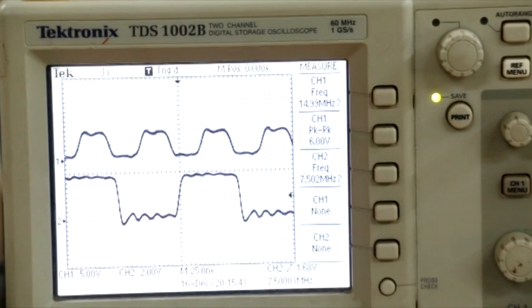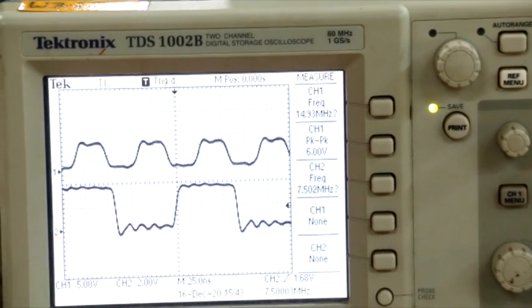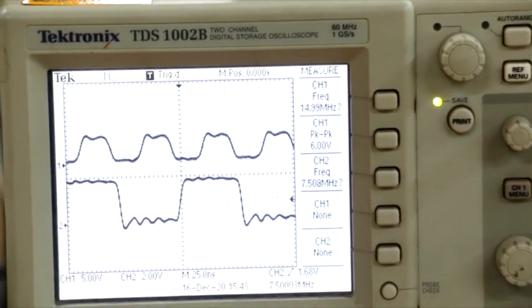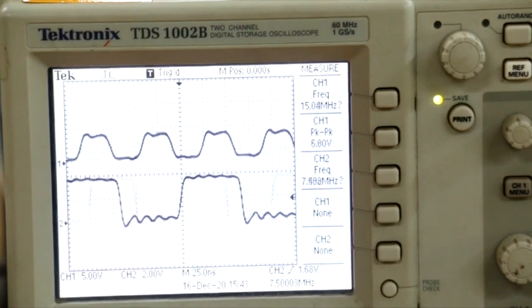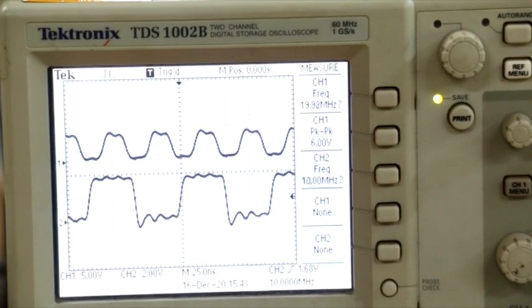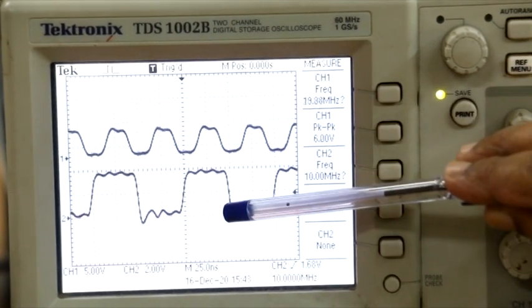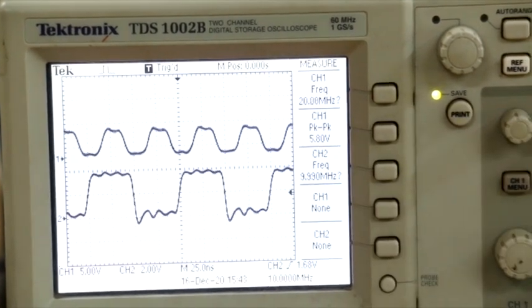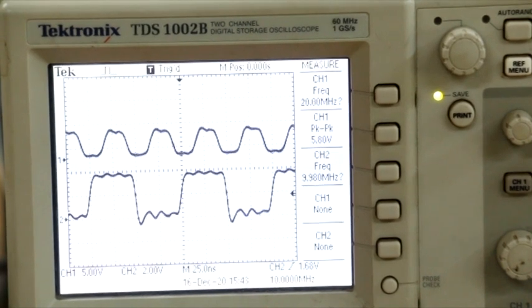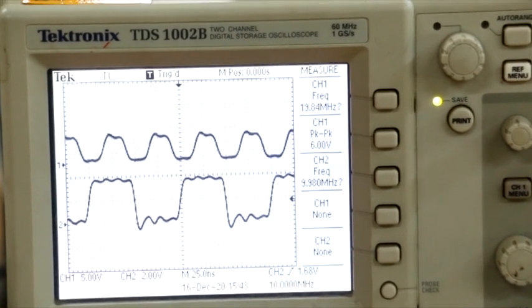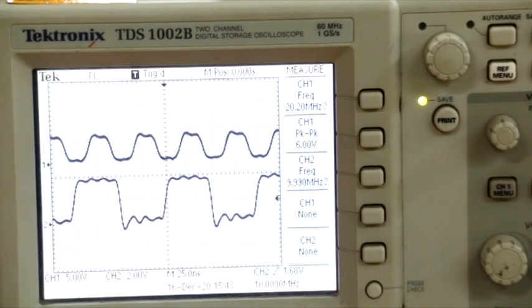Let me go to 20 megahertz, and I hope it still works with the kind of wiring we have. Should be okay. Let's see, 20 megahertz. Yeah, good. The clock frequency is 20 megahertz, and the output is 10 megahertz. This basically shows you how it works like a divide by 2 counter.